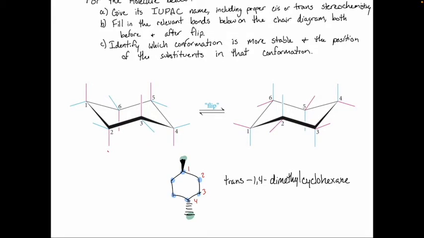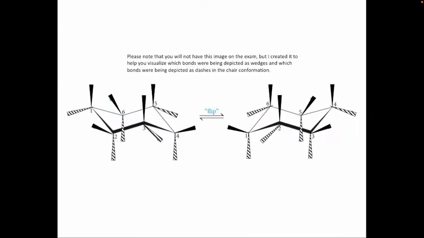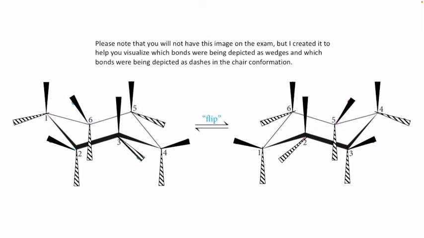On this same document, I made this kind of cheat sheet page. People were saying that they were having trouble visualizing which one was the wedge bond and which one was the dash bond. So this isn't one that you're going to have on the exam, but just to make sense of these diagrams here. Again, the wedge ones are the ones pointed out. So if we look at a carbon, the wedge is always the bond on the top.